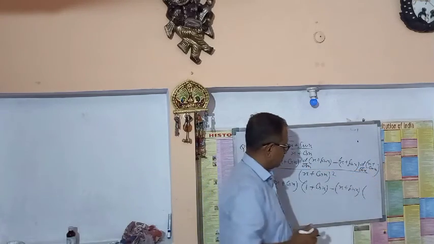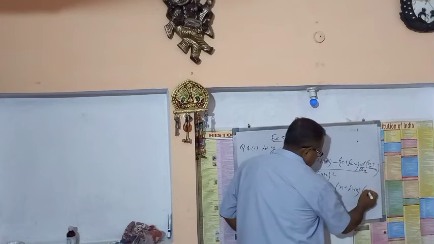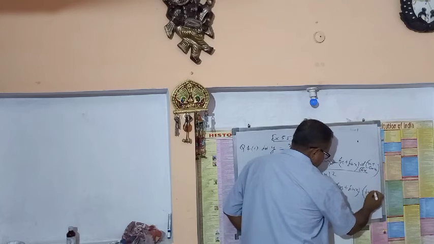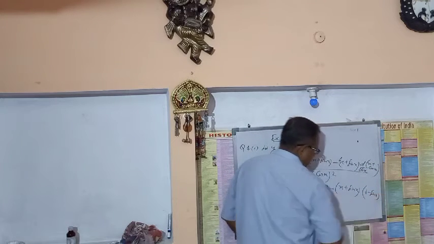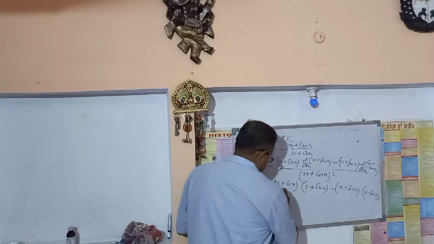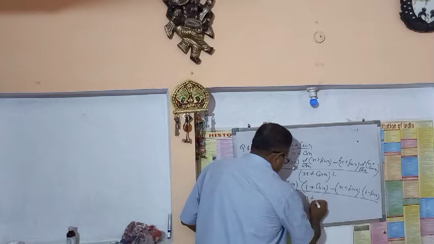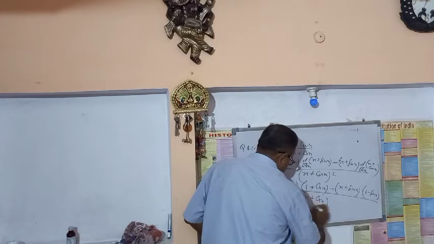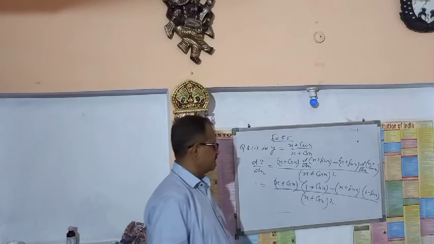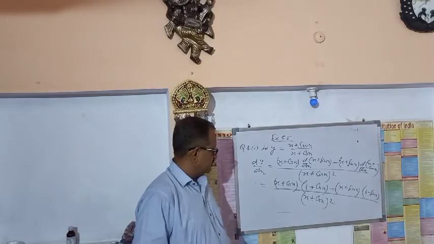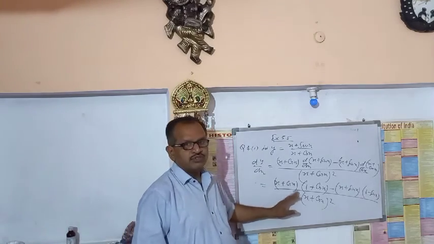Derivative of x is 1 and the derivative of cos x is minus sin x. All over x plus cos x whole square. So the derivative is over. Now we have to simplify it.